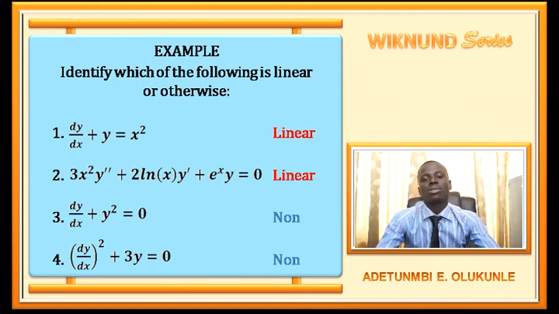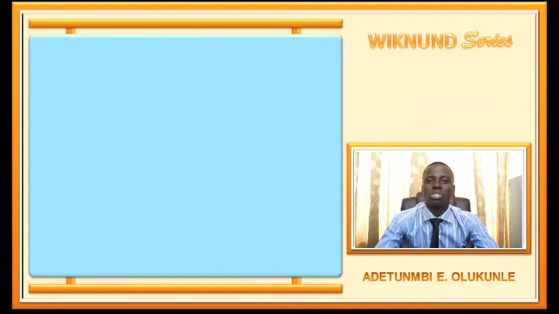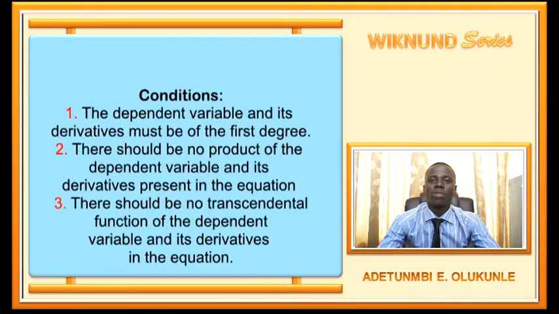So these are things you need to consider anytime you are checking for the linearity of a given differential equation. You have to check whether the dependent variable and its derivatives are of the first degree. Check whether there is a product of the dependent variable and its derivatives present in the equation, and check whether there is a transcendental function of the dependent variable or its derivatives present.